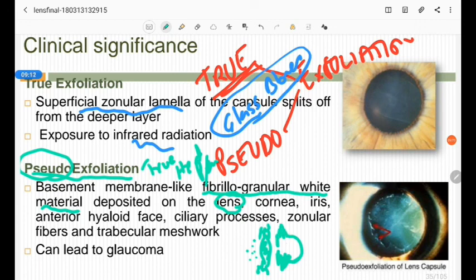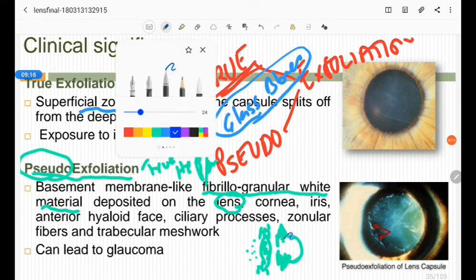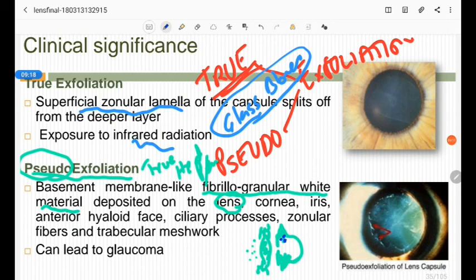And ultimately, this deposition in the angle results in glaucoma.